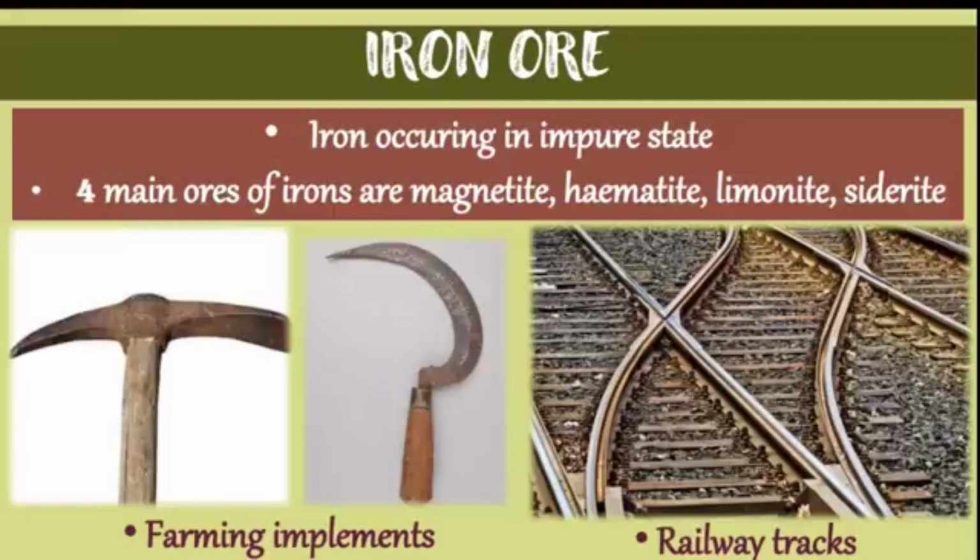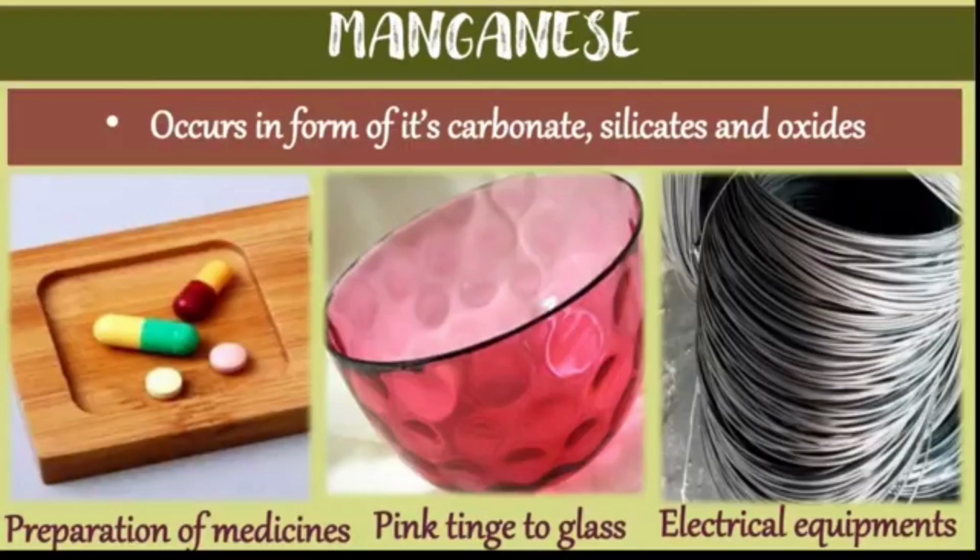Like iron ore is used to make equipment like farming implements and railway tracks. Now manganese is not only a metal used for making equipment, but it can also be used for preparation of medicines. Then paint for glass is also made from manganese. Then electrical equipment is also made with the help of manganese.